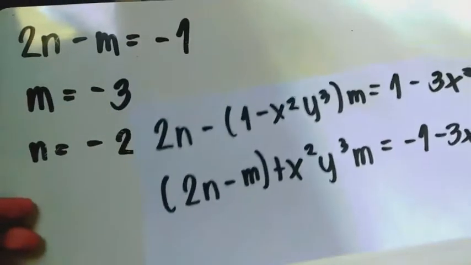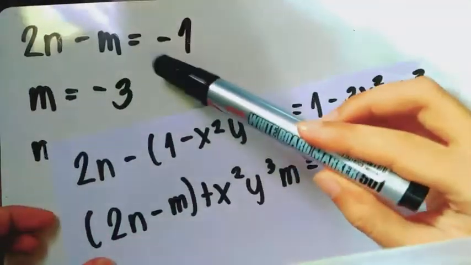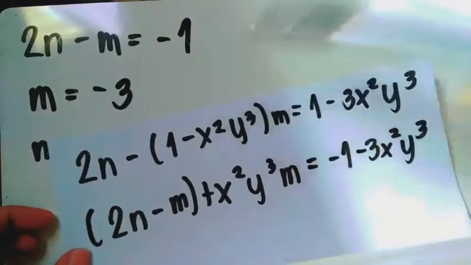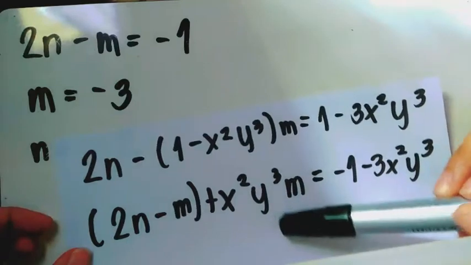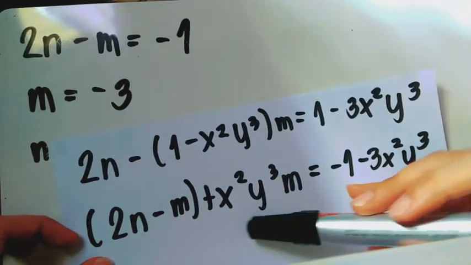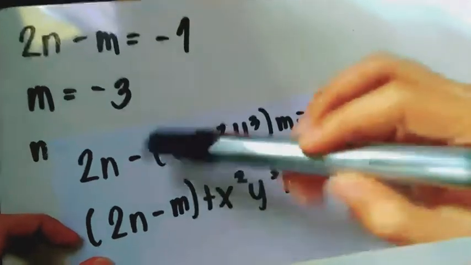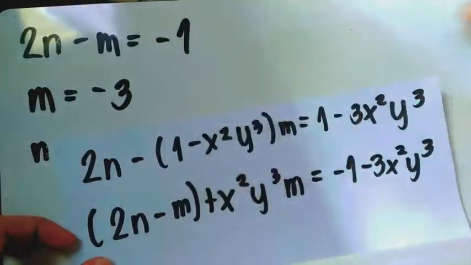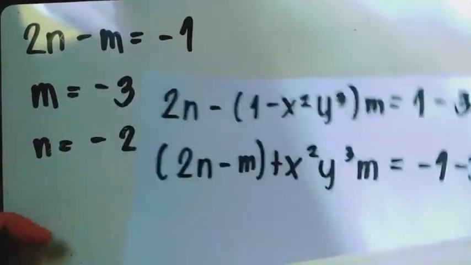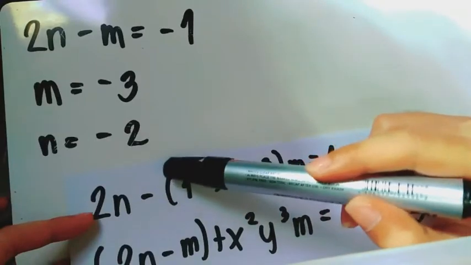Comparing the constant terms, we have 2n minus m is equal to negative 1. Comparing our coefficients of x squared y cubed, we have m is equal to negative 3. Therefore, our n is negative 2.